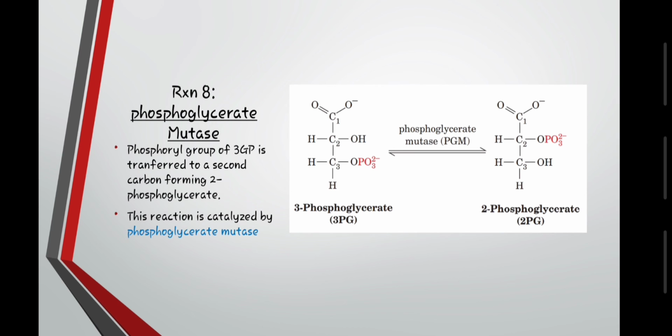So the phosphoryl group in position 3 is transferred to position 2 of this molecule, and this process is catalyzed by phosphoglycerate mutase. Mutase just transfers a functional group from one carbon to another. So that's what happens in reaction number 8.